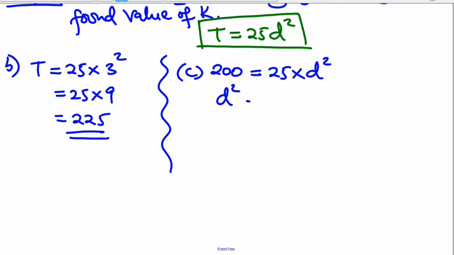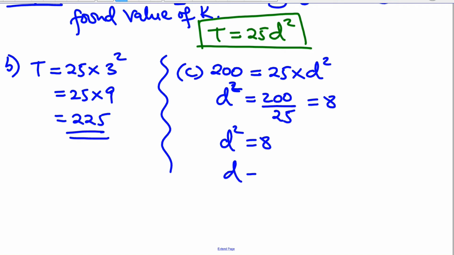So d squared will be 200 divided by 25, which is 8. So d squared is equal to 8. And the opposite of squaring is square root. If you work out the square root of 8, that will be equal to 2.83, to 2 decimal places.